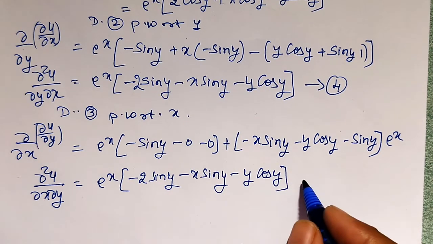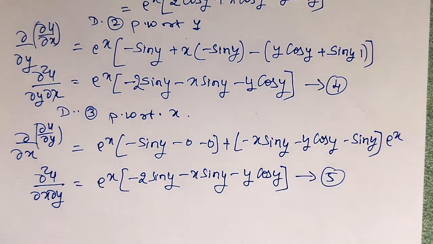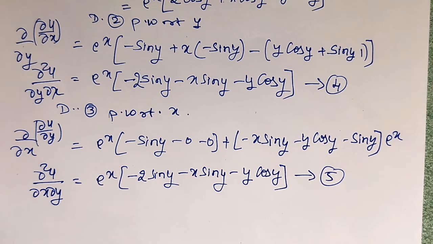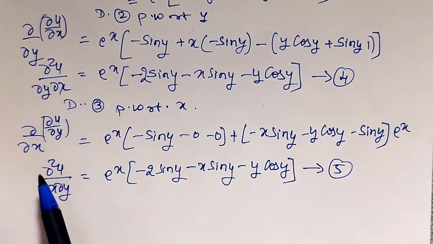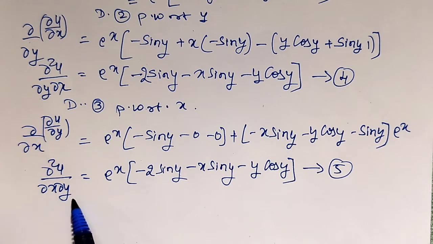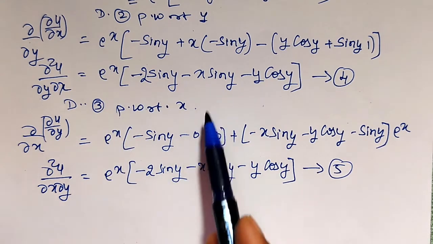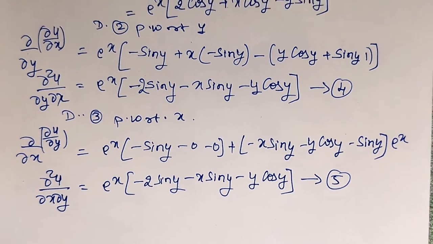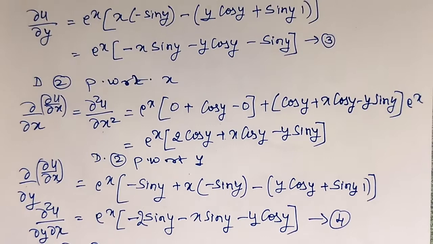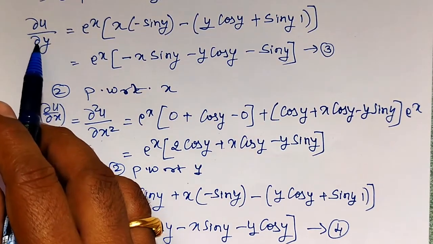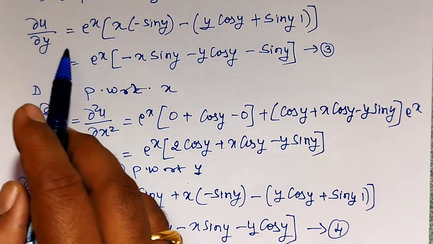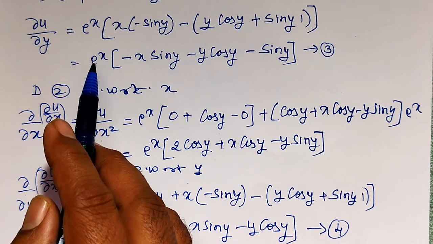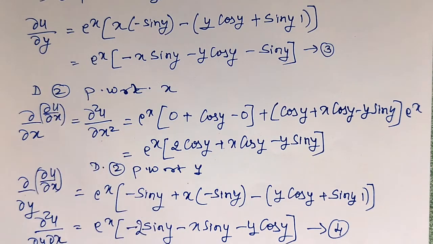This is my equation number 5. What you are observing here, equation number 4 and 5, del square u by del y del x and del square u by del x del y, both are one and the same on the right hand side. Therefore, one we have proved. Before that, what I am doing here, equation 3, del u by del y, I differentiated partially with respect to only x here now. Now I can differentiate this one partially with respect to y also.